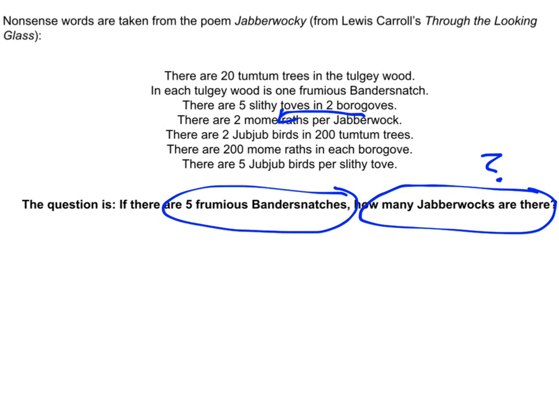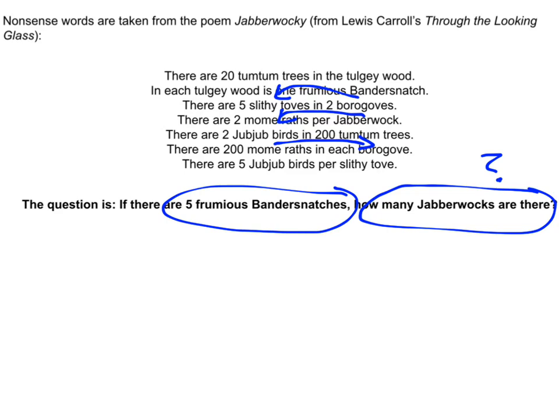So let's look for mome raths elsewhere in this information, and I see that there are 200 mome raths in each borogove. So I can write mome raths in terms of borogove. Then looking for borogoves elsewhere, we have 5 slithy toves in 2 borogoves, so I can go from borogoves to slithy toves.